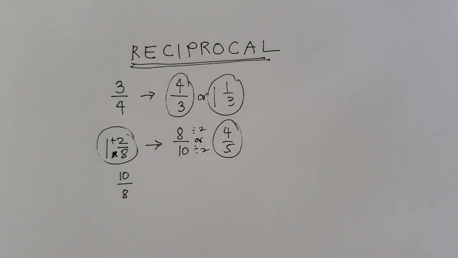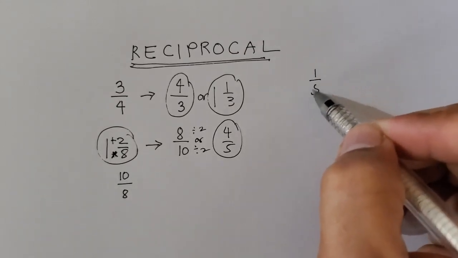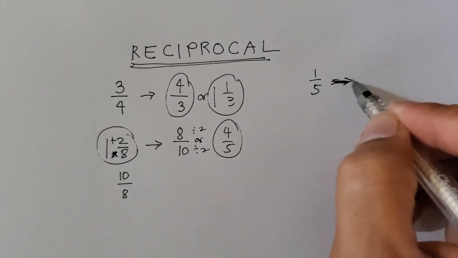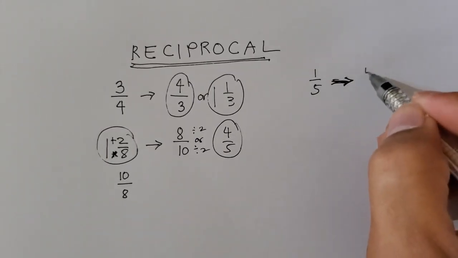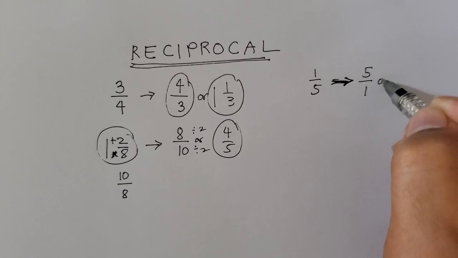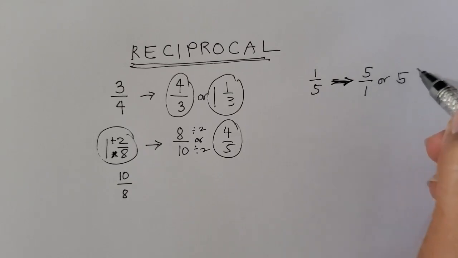Let's try to get the reciprocal of 1/5. The reciprocal of 1/5 is 5 over 1. However, if the fraction has a denominator of 1, that is also equal to the whole number 5. So the reciprocal of 1/5 is 5.